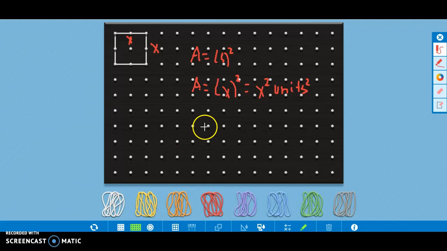All right, and in order to find the perimeter, we have it as equal to 4s, which is equal to 4x units. So it may seem a little tricky, but it's really not when you start to think about it. All right, let's move on.